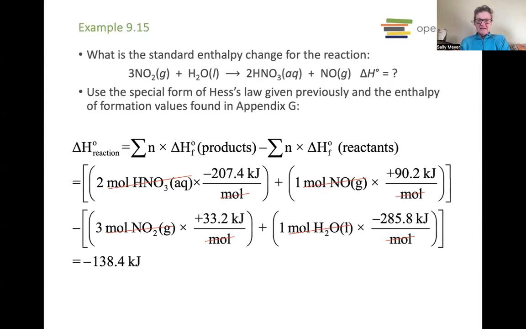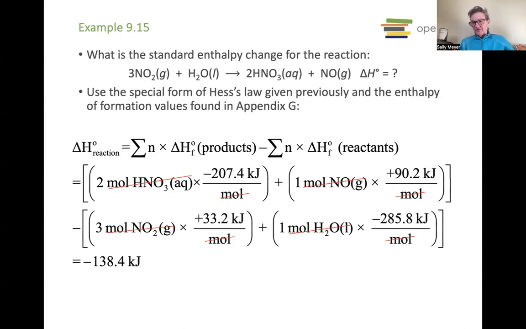And how do you use that? If we want to know the delta H for this reaction of nitrogen dioxide with water to make nitric acid and nitrogen monoxide, we look up in a table. For the product, it's negative 207.4 kilojoules per mole for the nitric acid, but I have 2 of those moles in my reaction, so times 2, plus we have 1 mole of nitric monoxide gas.